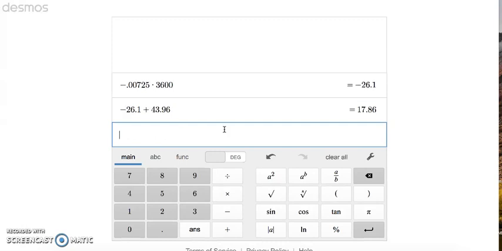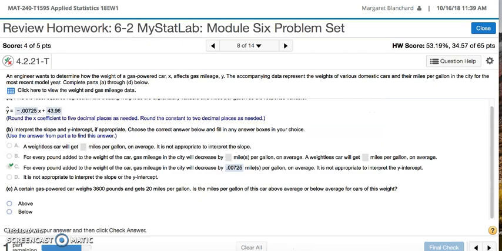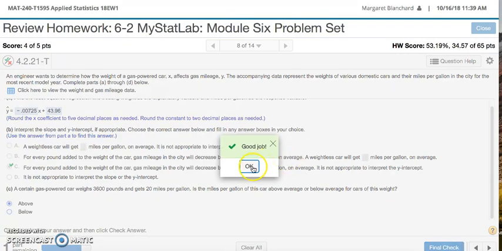And we end up with 17.86. So we would expect a 3,600 pound car to get about 17.86 miles per gallon. This other car gets 20 miles per gallon. Is that above or below? That's above 17, so we would say it's above average for that weight of car.